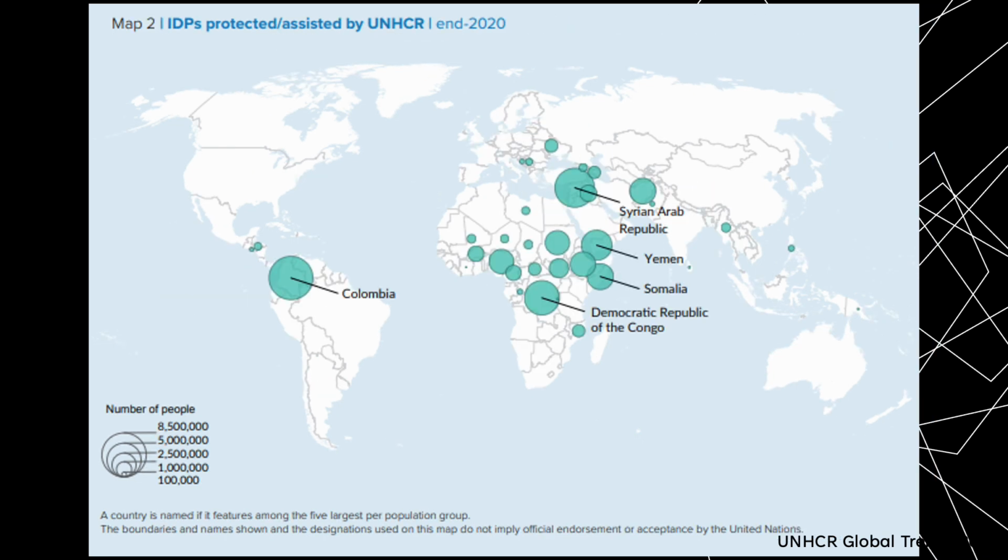Now, for internally displaced peoples, the scale is much different. The same size bubbles as in the previous figure are actually doubled. So where there were 4 million in Turkey, there are 8 million still displaced in Syria, and others displaced in Yemen, Somalia, Democratic Republic of Congo, and in Colombia.